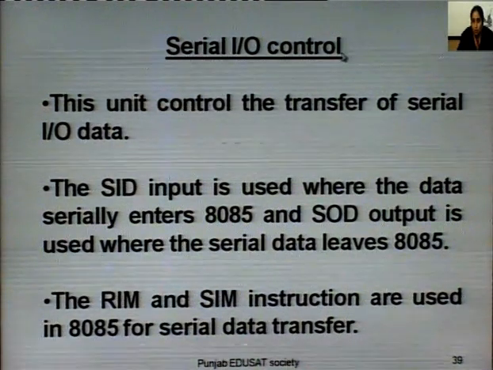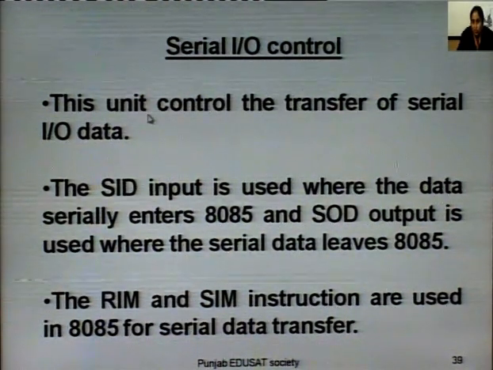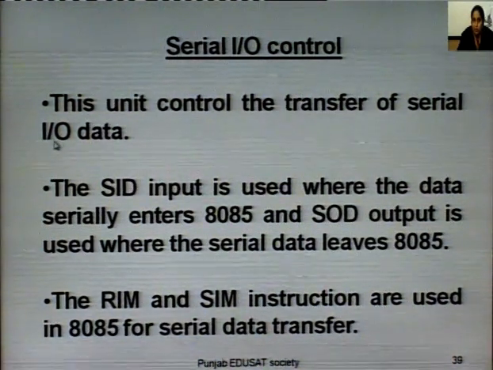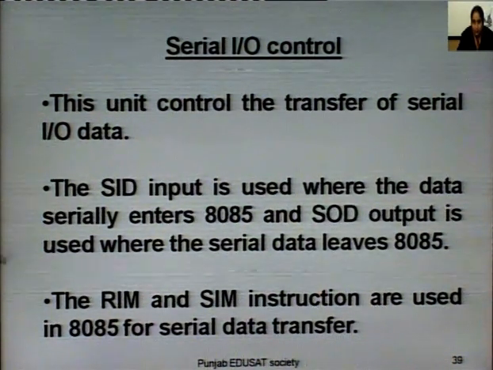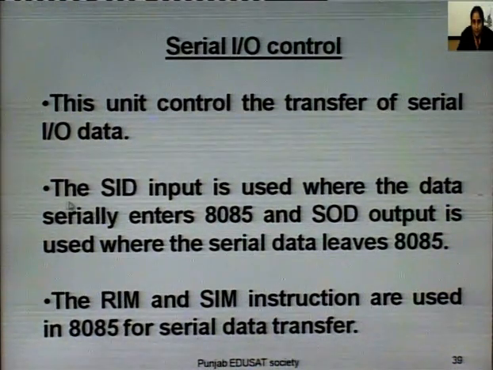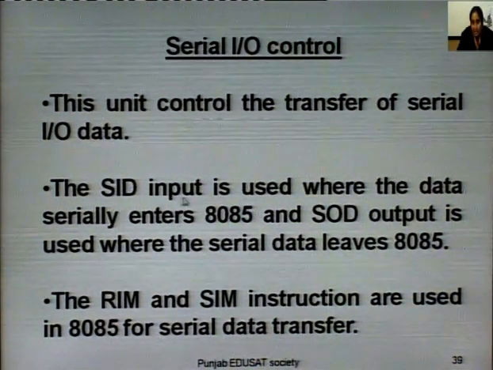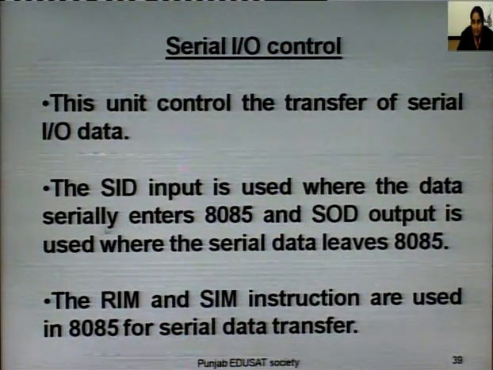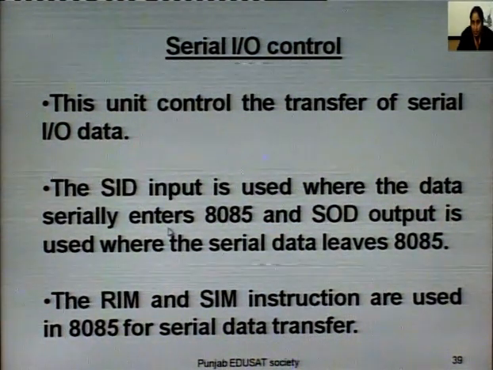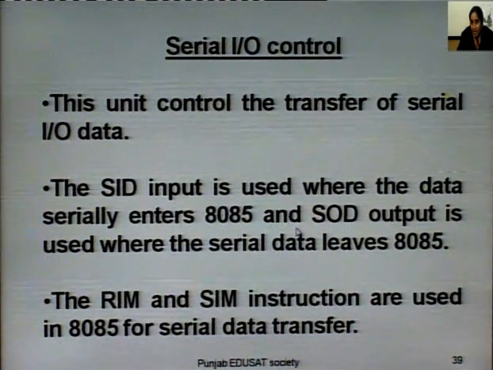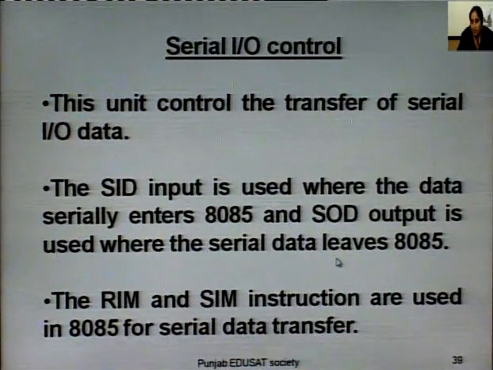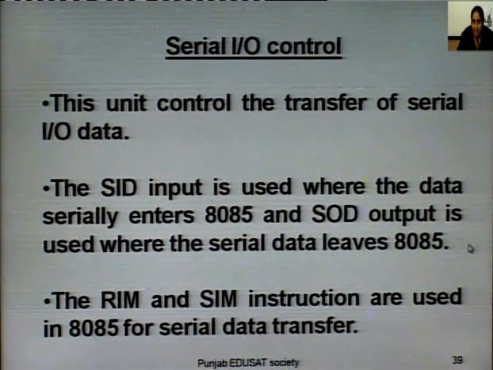Serial input-output control. This unit controls the transfer of serial input or output data. The SID input is used where the data serially enters the 8085, and the SOD output is used where serial data leaves the 8085.